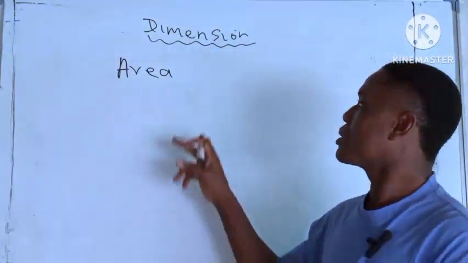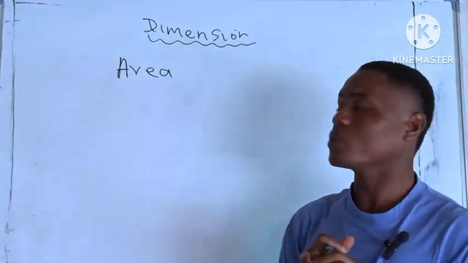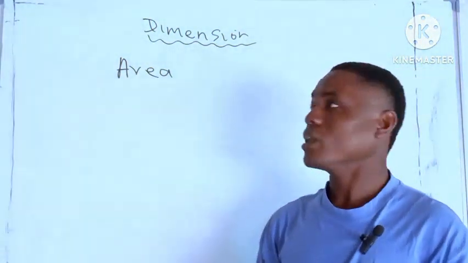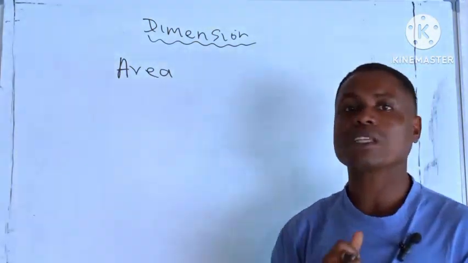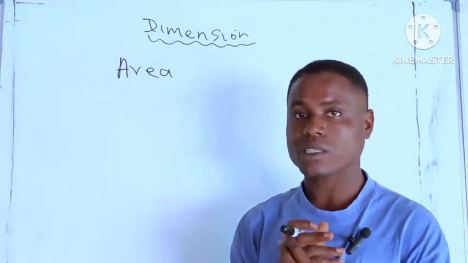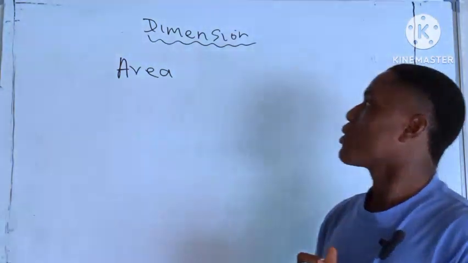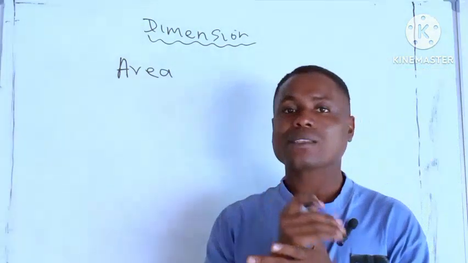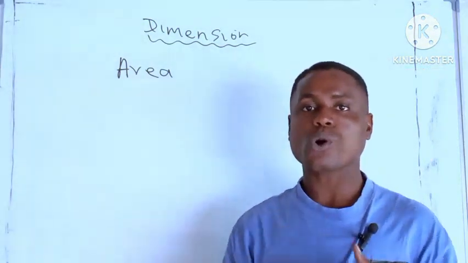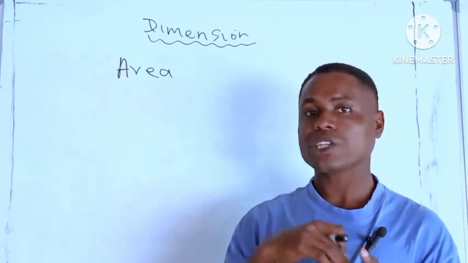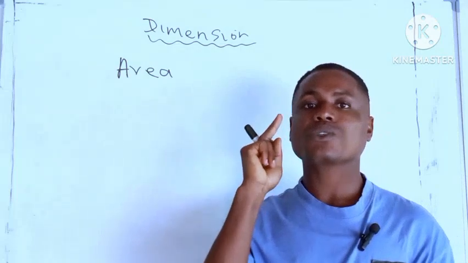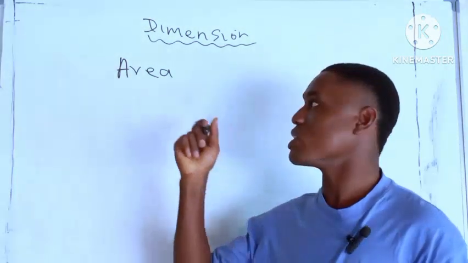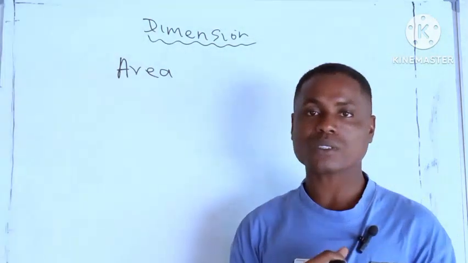Okay. Now, let's start with this quantity, which is area. Let's say you are asked, what is the dimension of area? Please listen carefully. Now, whenever you are asked to derive or solve for the dimension of any particular quantity, the first thing that will come to your mind is: what is the formula of that particular quantity?